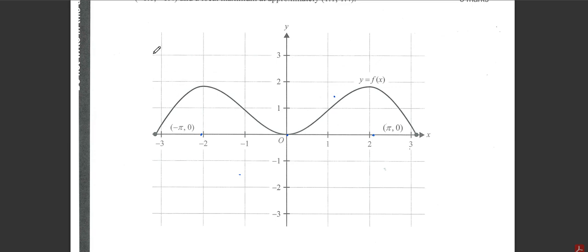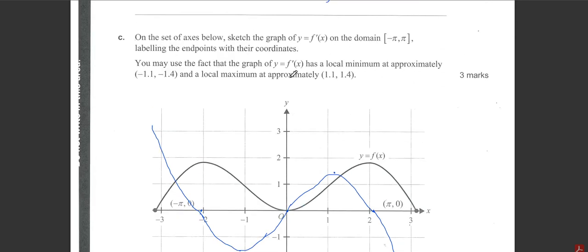So it's going to look something like this. Presumably. Like that. Horrible. But it looks kind of like a sine graph.